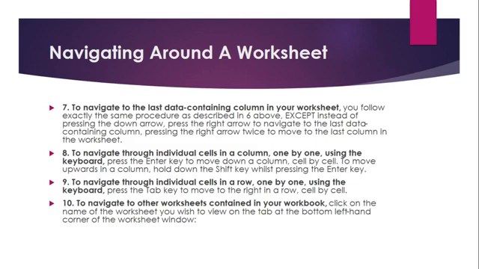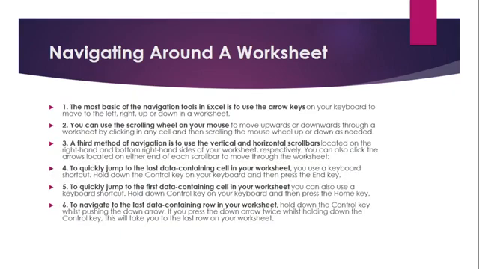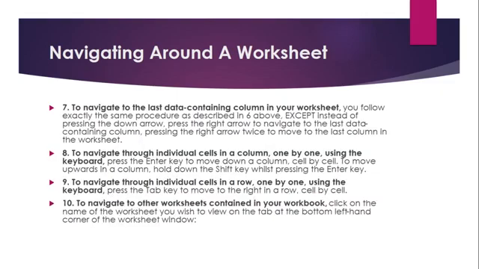To navigate to the last data containing column in a worksheet, you also hold the control key while pushing the right arrow key. If you press the arrow key twice while holding down the control key, this will take you to the last column in a worksheet.